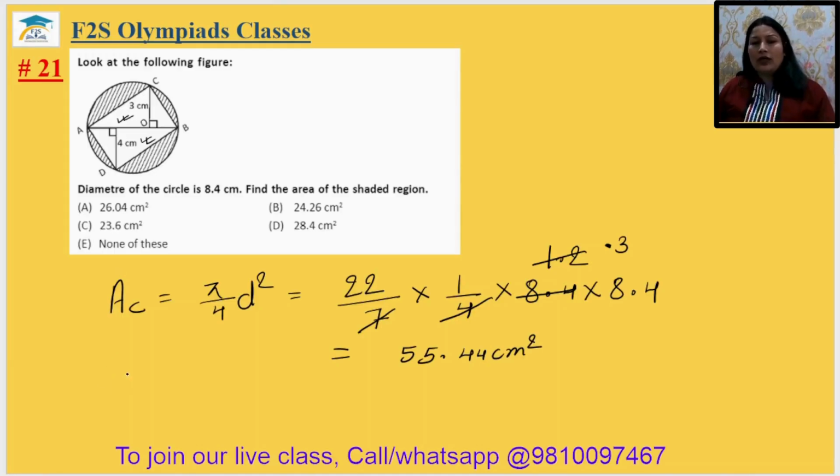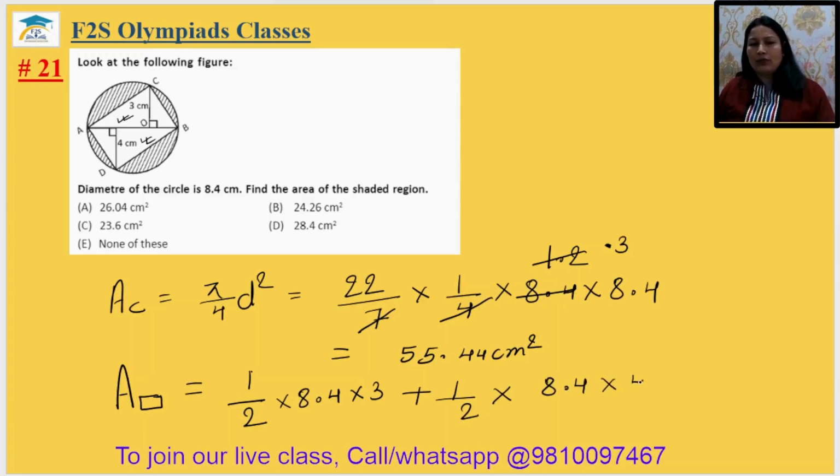Okay. Now area of the quadrilateral. Okay, area of the quadrilateral which is given here. It will be the area of triangle ABC, so half multiply by 8.4 multiply by 3, plus half ADB, 1 by 2 multiply by 8.4 multiply by 4.